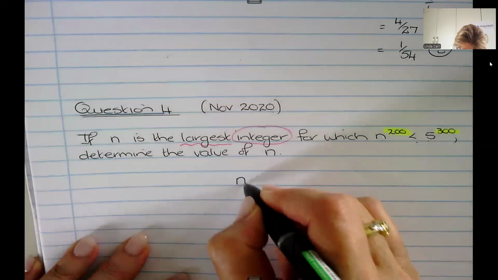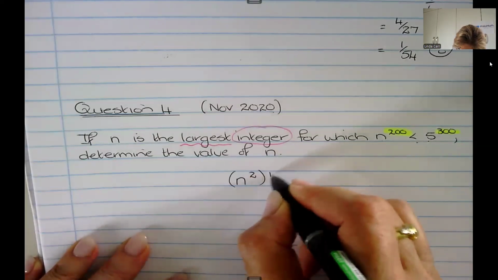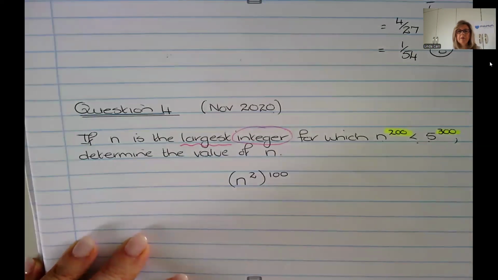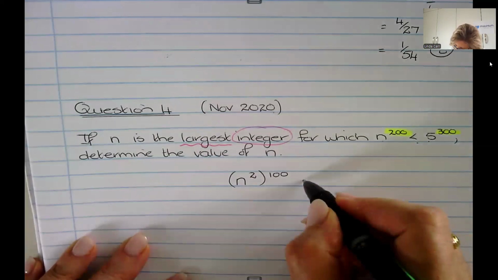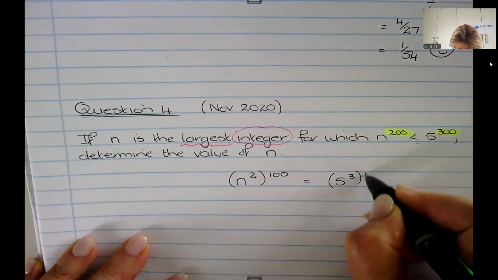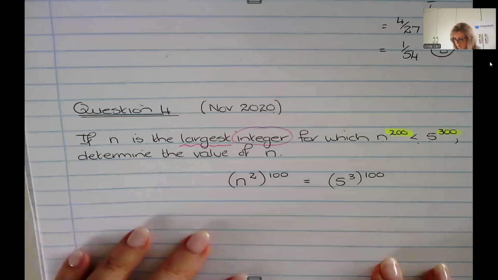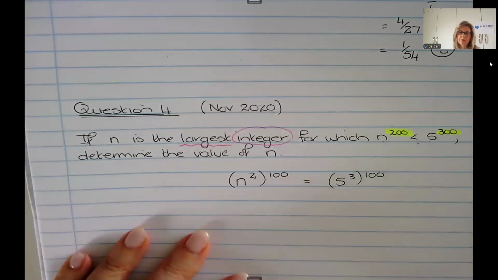So n to the 2 to the 100. You see, I'm using that same law, a power to a power you multiply, equals 5 cubed to the 100. Okay, so now both are to the 100.